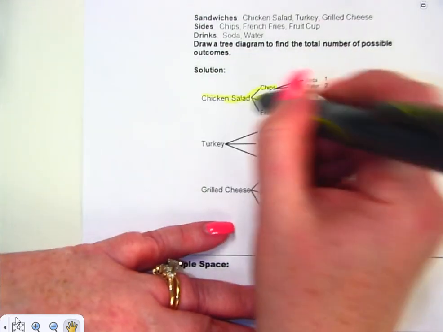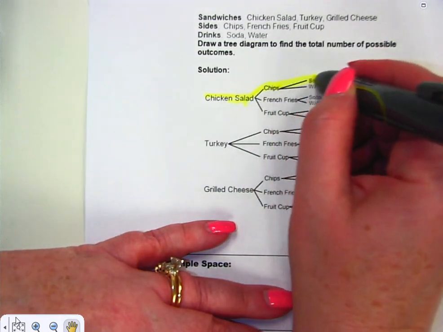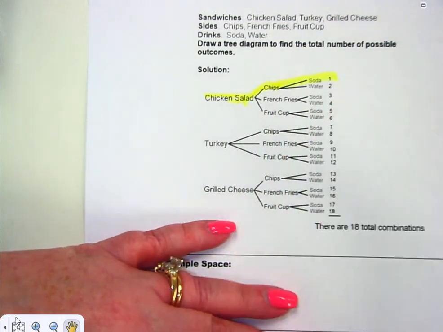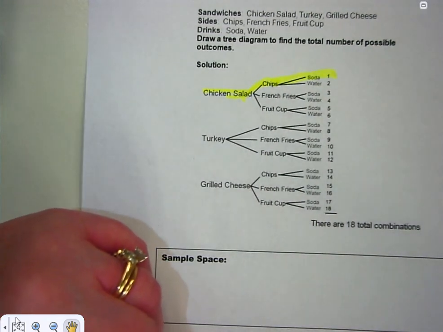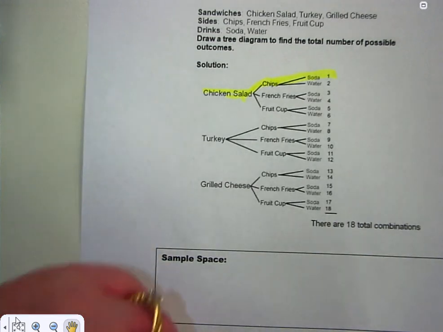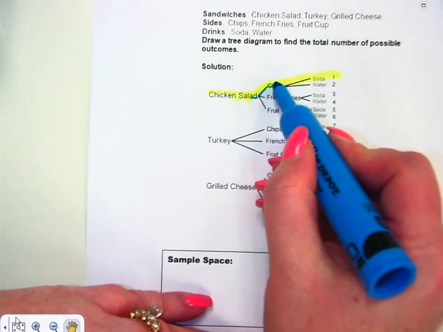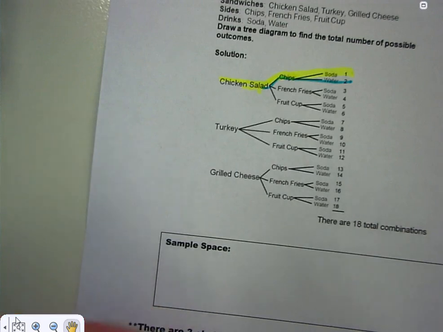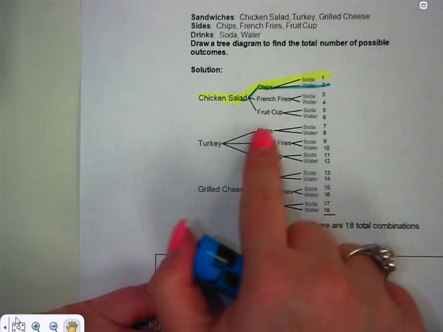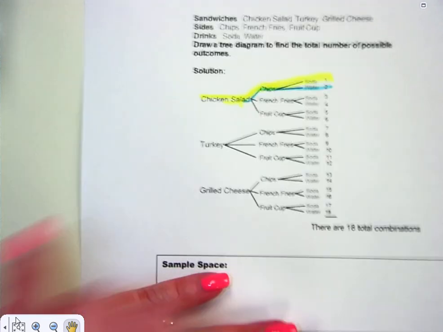So here is one choice: chicken salad sandwich with chips and a soda. That's one choice. My next choice could be chicken salad sandwich with chips and a water. So I'm already up to 2 different choices.